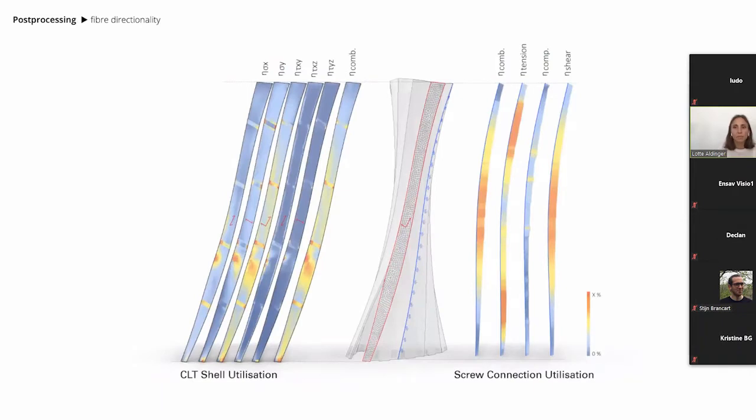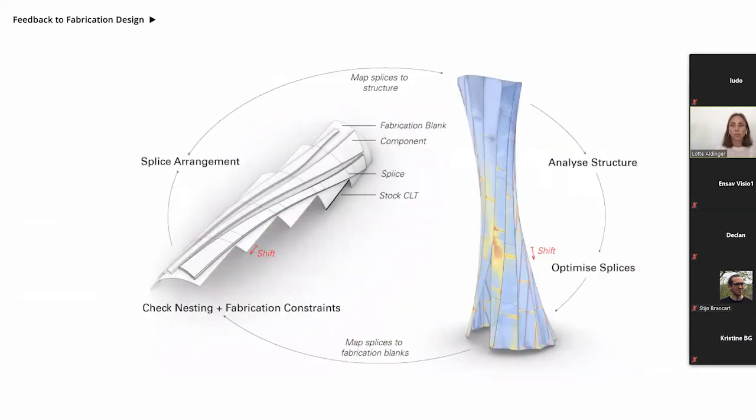So in particular, we were interested in what the effect of the fiber directionality has on our structures, and also in combination with the splice arrangement within the single panels, we had to loop between fabrication design and structural design.